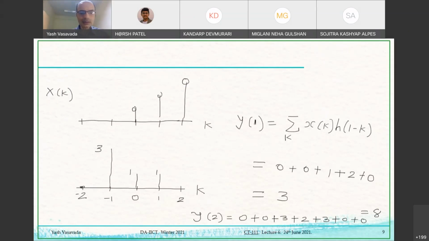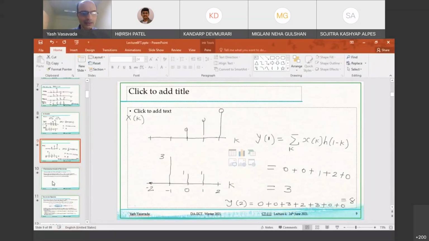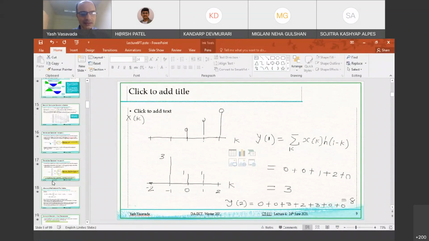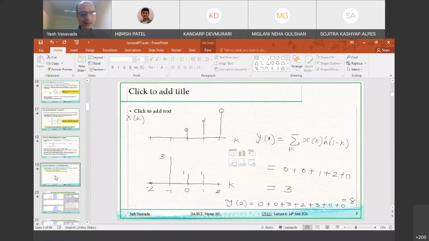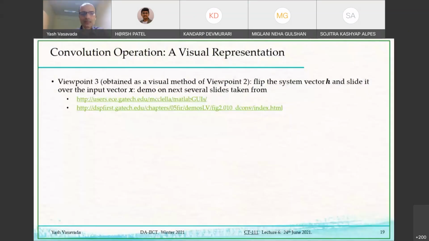Now, for the second viewpoint, I thought I would use some very nice drawings, pictures, and visualizations that some professor has come up with. This hopefully will make you appreciate what we did in the previous class.